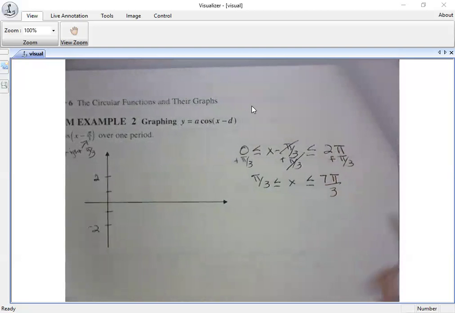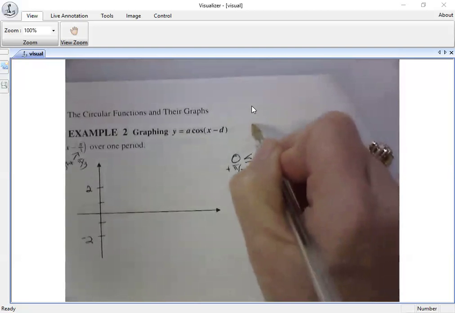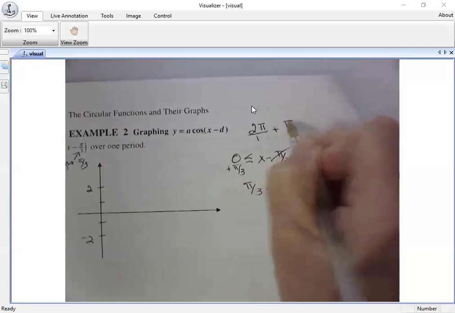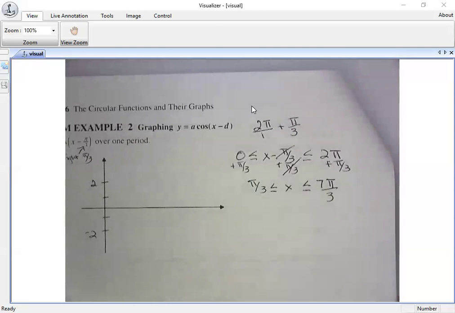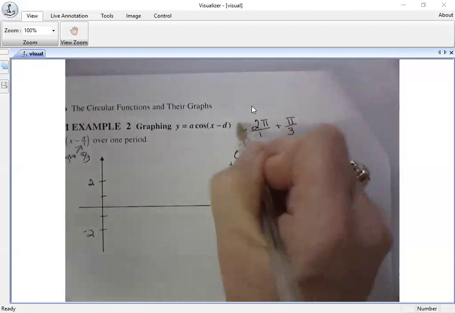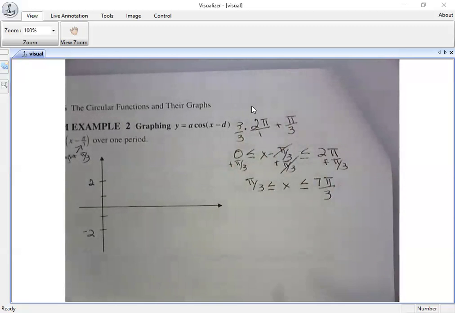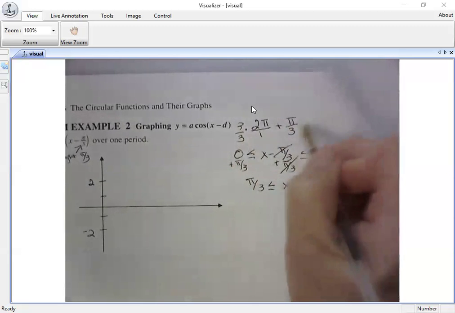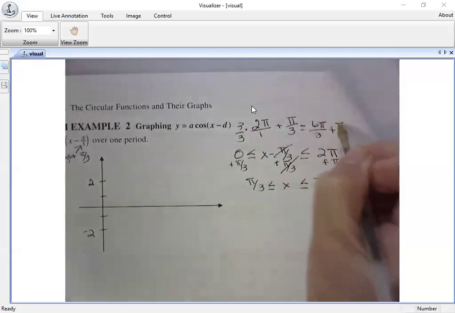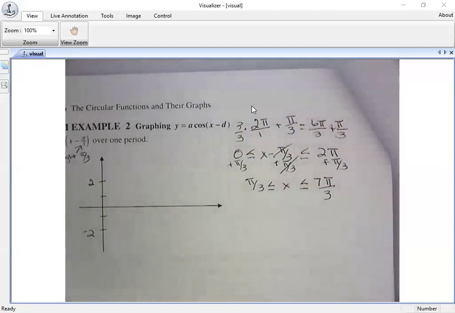Let me show you up here. If I have 2 pi over 1 plus pi over 3, I got to get a common denominator. It's got to be 3. So if I multiply this by 3 over 3, that's how it would turn into 6 pi over 3 plus another pi over 3, which is how we get 7 pi over 3.